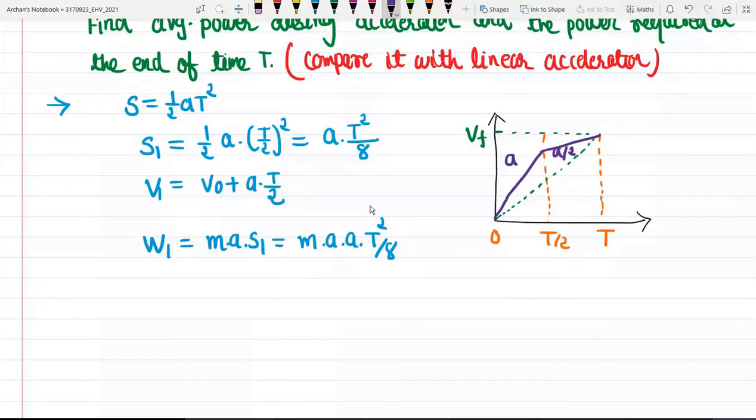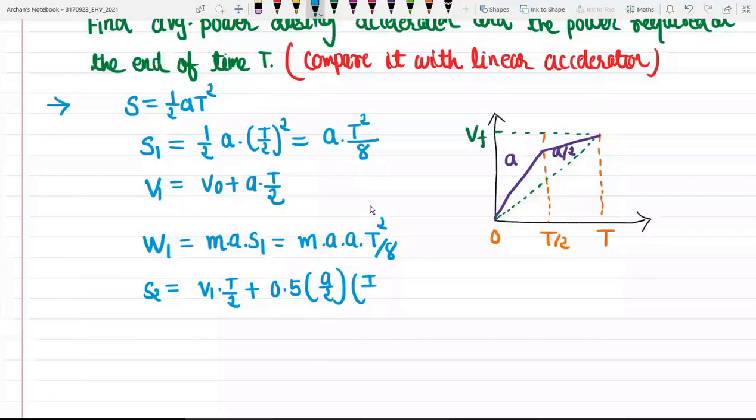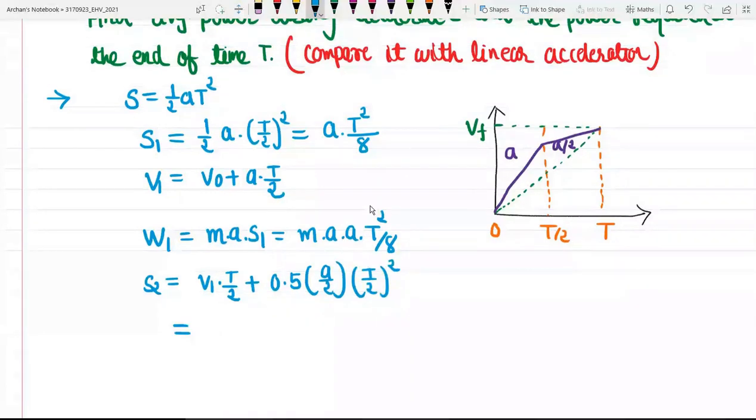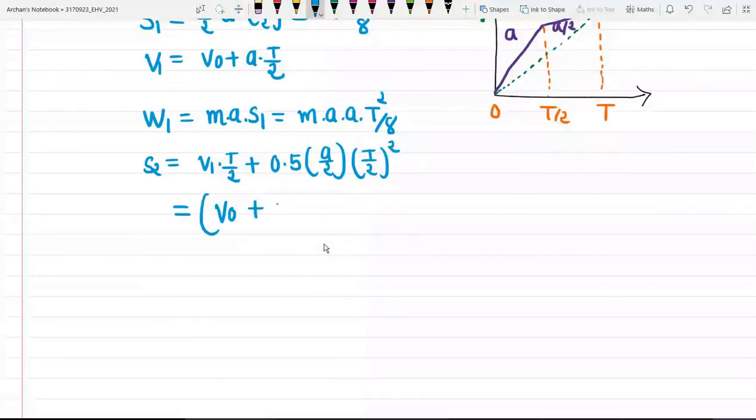Now let us talk about the distance covered during t by 2 to t seconds. s2 is equal to v1 into t by 2 plus 0.5 a by 2 t by 2 whole square. Simplifying, we get v0 plus a into t by 2 into t by 2, putting the value of v1, plus a by 16 t square.